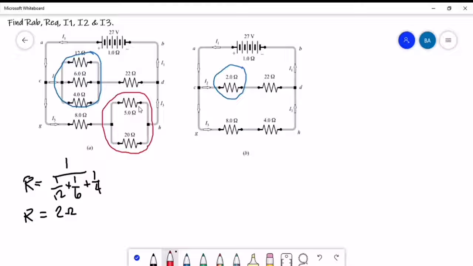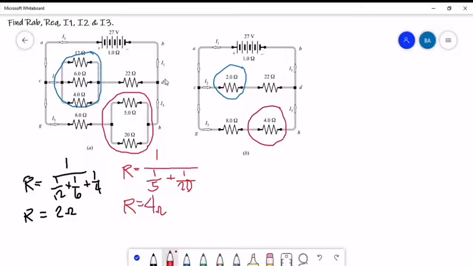So here we are going to solve for the parallel: 1 over 5 plus 1 over 20. Using your calculator, the combined resistance for this branch will be equal to 4 ohms. And this is it.